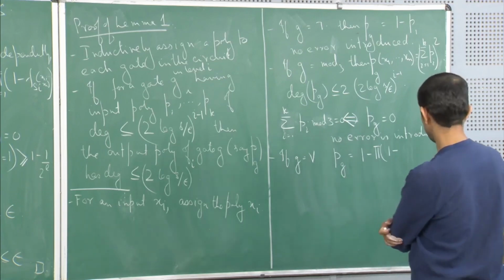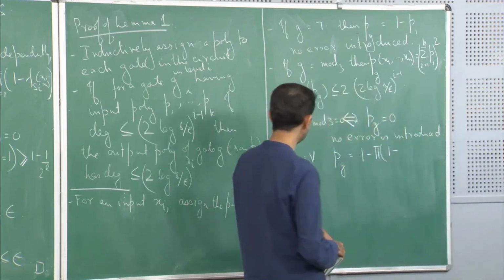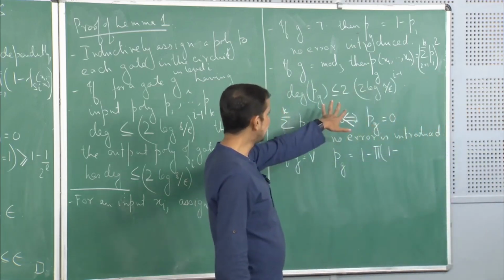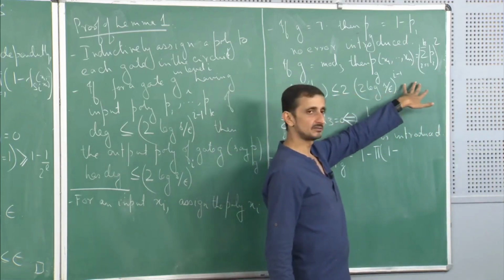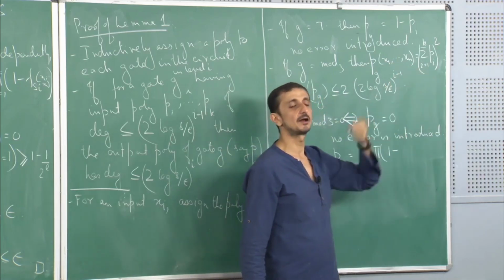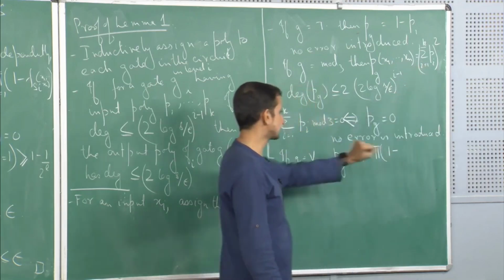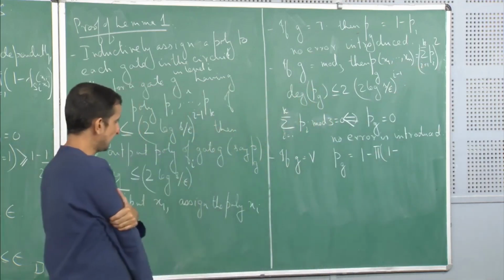So, how do I write this notation? What I want to show here is that if I have an OR gate, then I will take L subsets of 1 to k, and for each of those L subsets I will compute the function f of s, and I will write the product of 1 minus f of s.